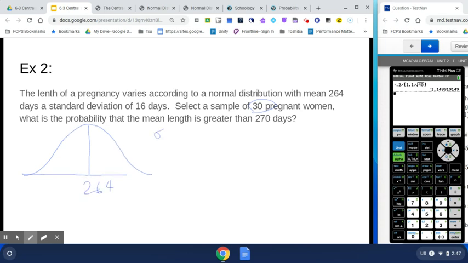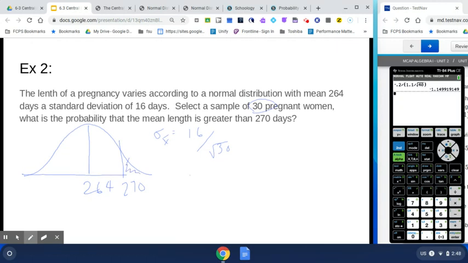The standard deviation of just one pregnancy is 16 days. So if we want the standard deviation of sample means, we're going to have to divide that by the square root of the sample size, which is 30. We want to find the probability that the sample mean pregnancy is going to last 270 days or more.